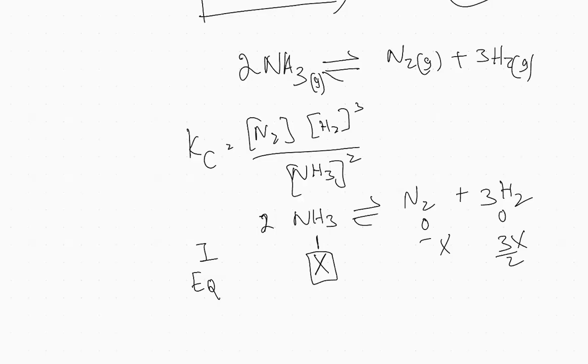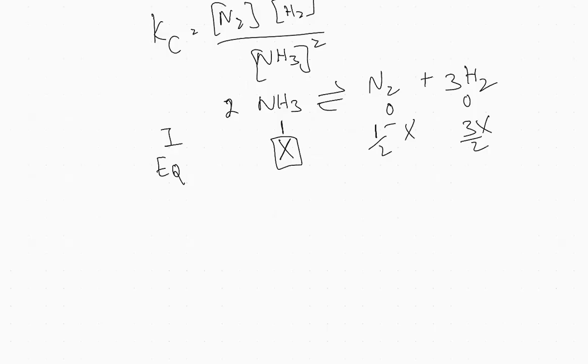Because when you did general chemistry, we did stoichiometric calculations and limiting reagents. You go for the ratio 2 to 1 to 3. So if you had 2, it will give half of that. But here, you divide by 2 and multiply by 3. So whatever X you get, these are the values you get. Okay, there's no minus sign here.